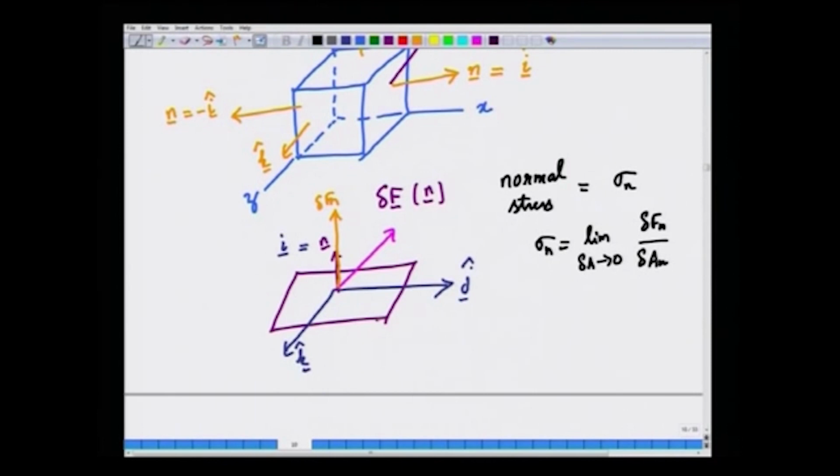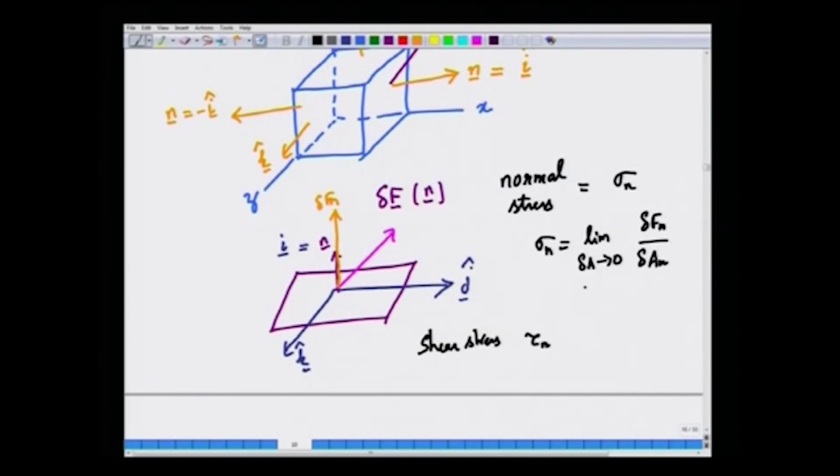Let delta A n be the area of the surface on which the force is acting, and in the limit as this area shrinks to a point, you will have a force per unit area acting at each and every point in the fluid. Similarly, the shear stress is denoted by tau n.